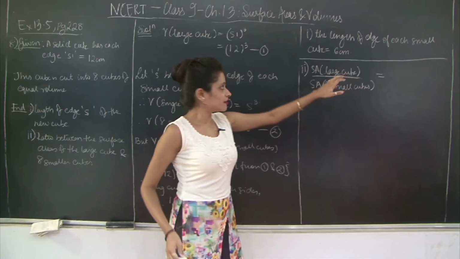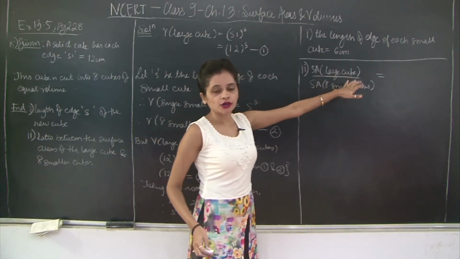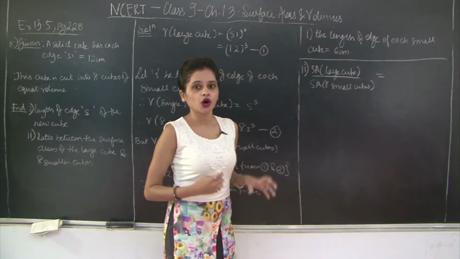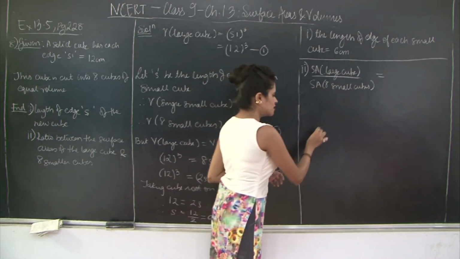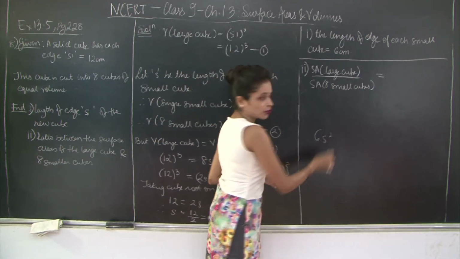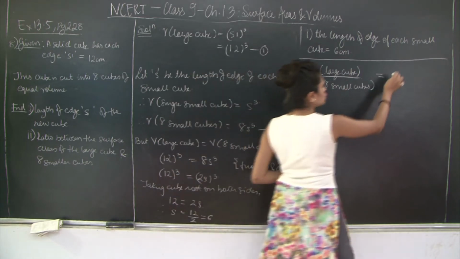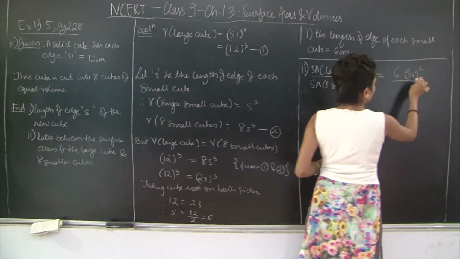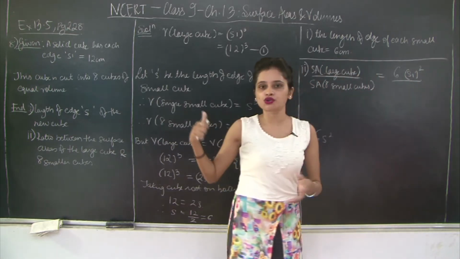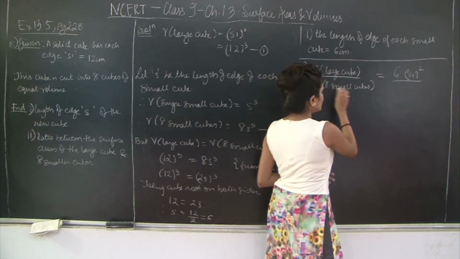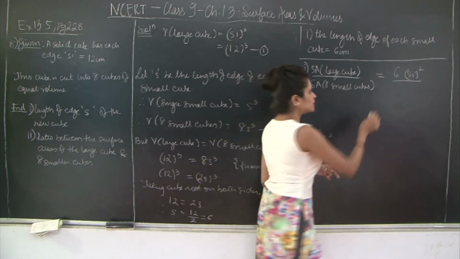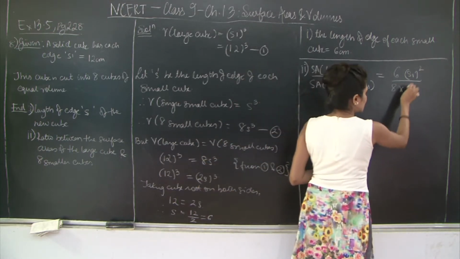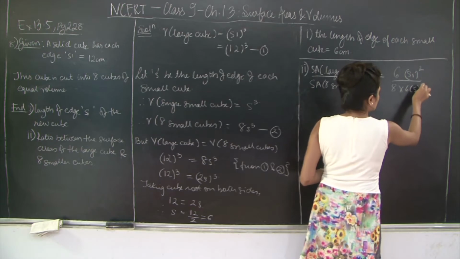Now we know that when we are talking about surface area out here, we are going to talk about the total surface area. What do we know about the total surface area? It is equal to 6s square. So in this case, for the large cube, it's going to be 6s1 square, right? Because s1 is the edge that we have used to denote the larger cube. And this is about the surface area of 8 small cubes. So 8 into 6 into s square.